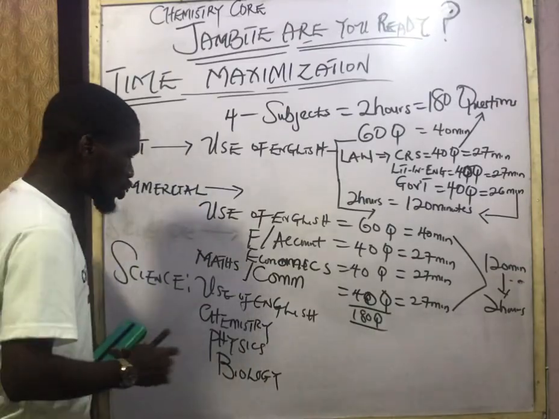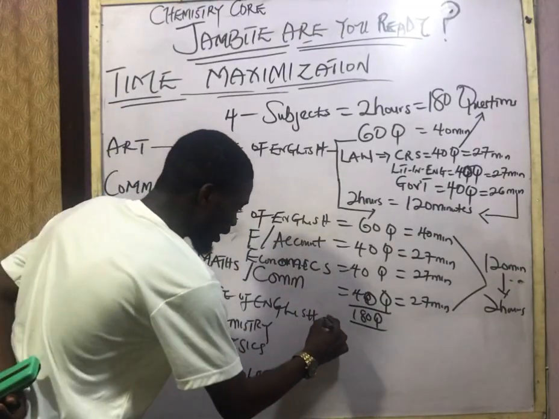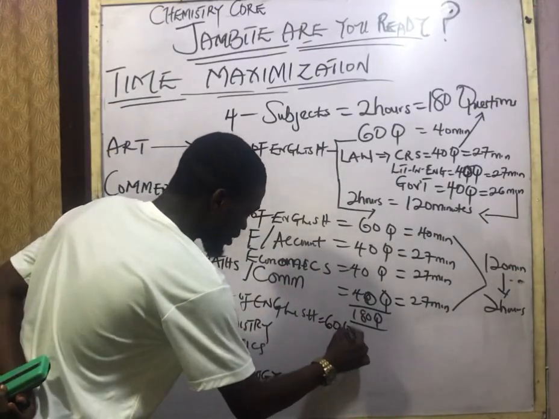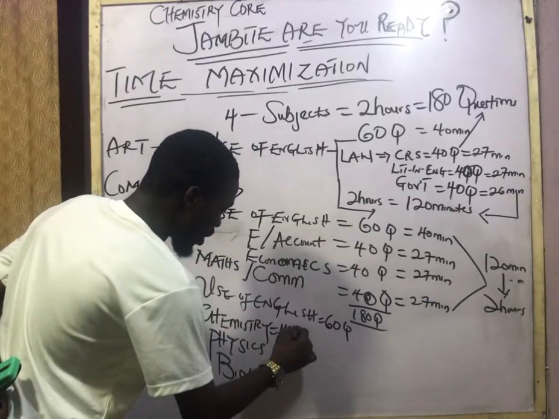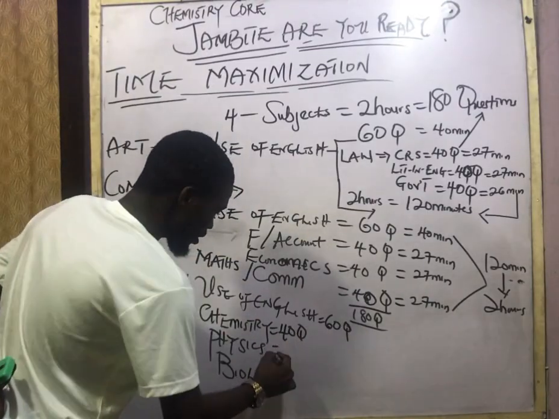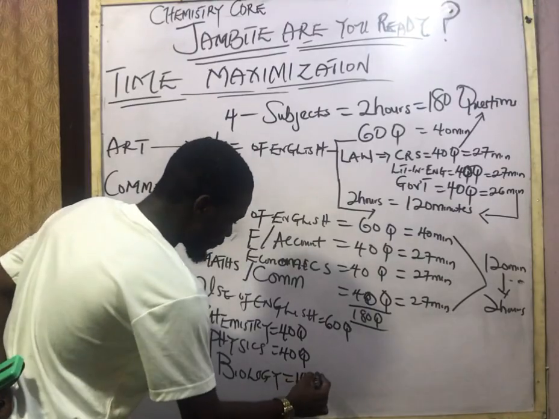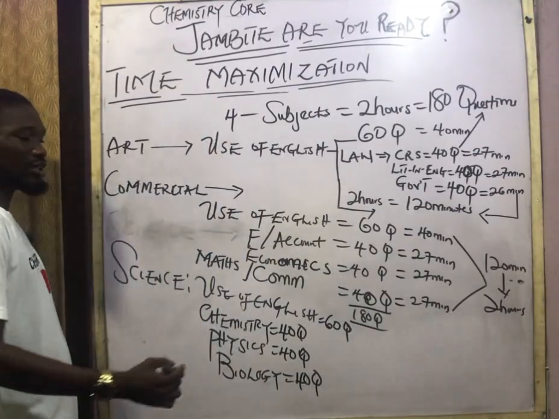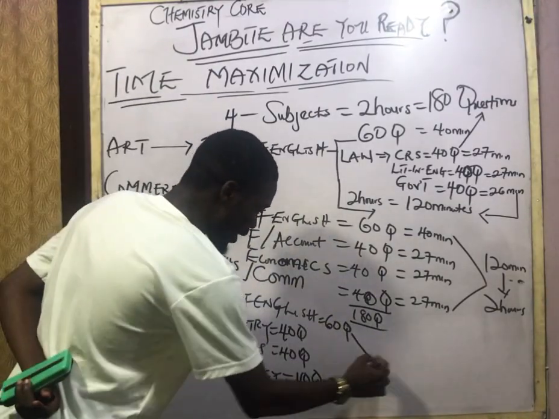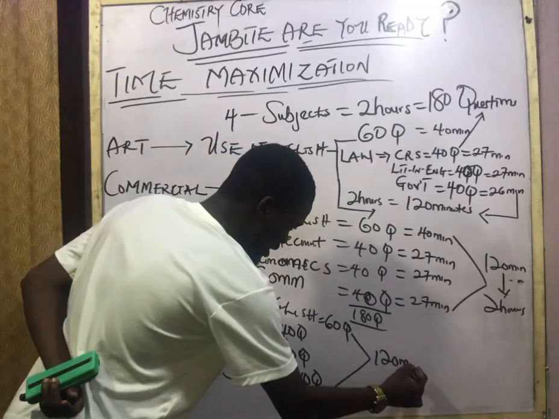Is that clear now? So for this, I have the same thing here: 60 questions, 40 questions for chemistry, 40 questions for physics, and 40 questions for biology, and we have to spend 120 minutes.